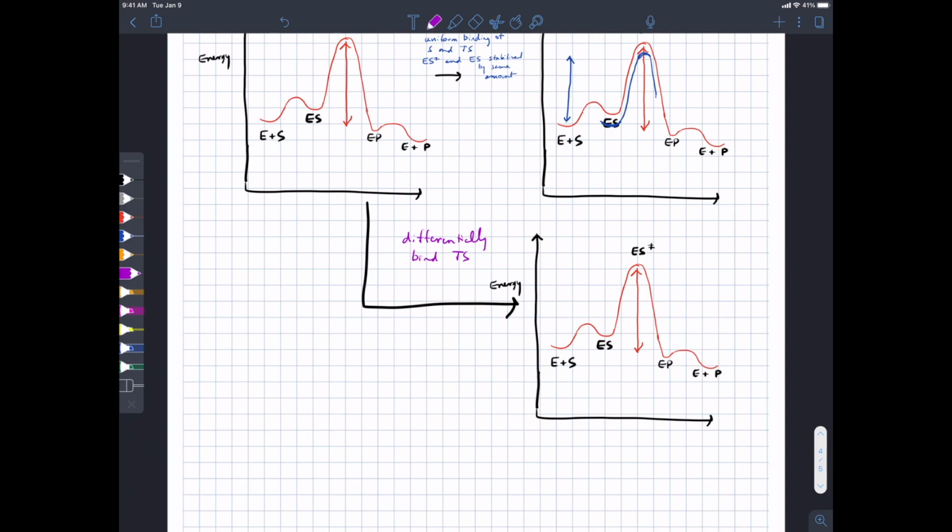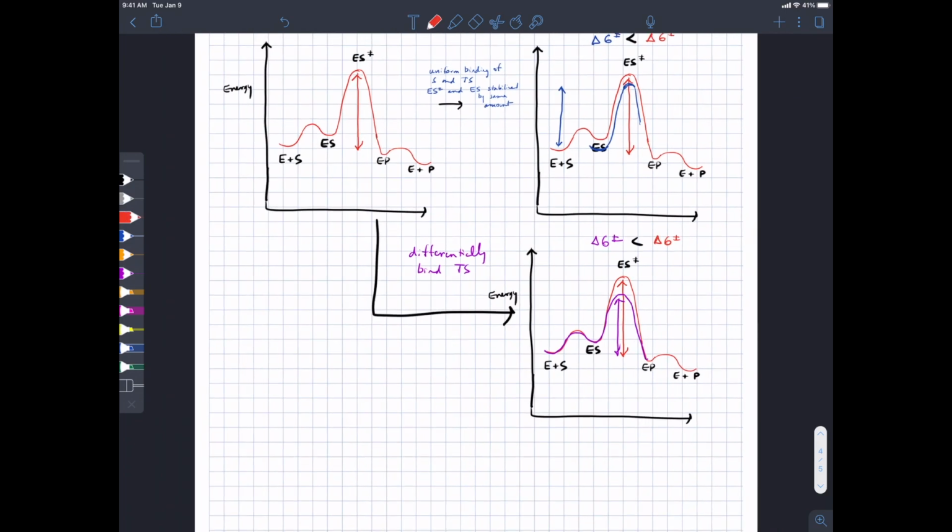So what would that look like? Well, we would keep all of this the same, but then we would bind the transition state tighter, and then again our activation energy should be lower for our modified enzyme than it was before. Okay.